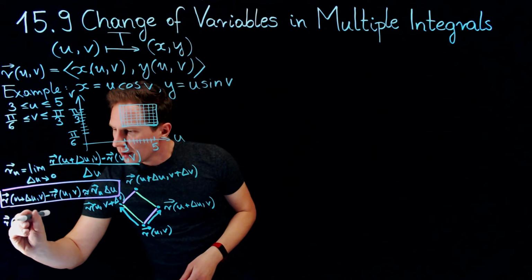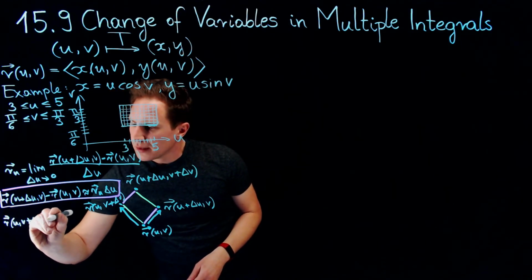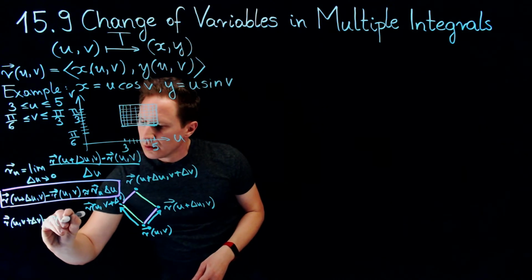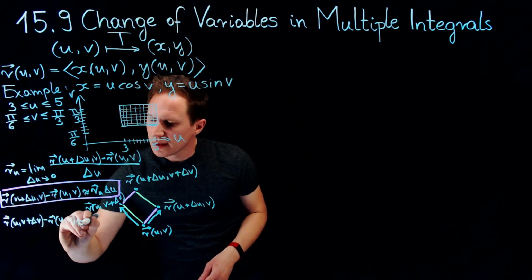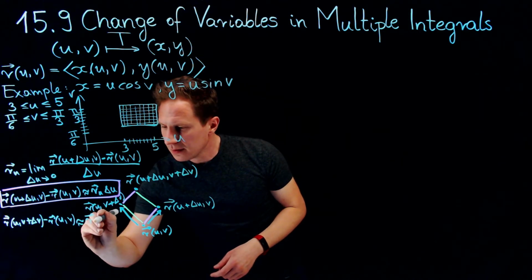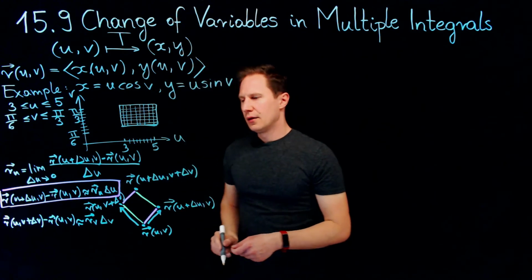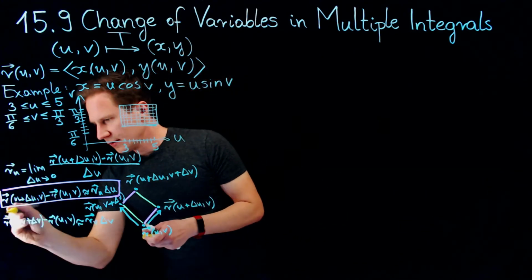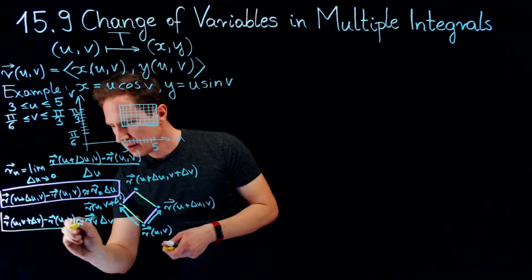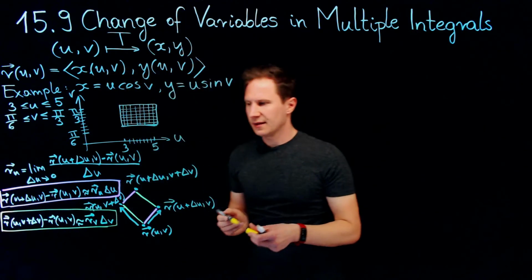So r(u, v plus delta v) minus r(u, v) can be approximated by the v partial derivative of r, r sub v, times delta v. Okay, and that gives us an approximation for the other side of this polar subrectangle.